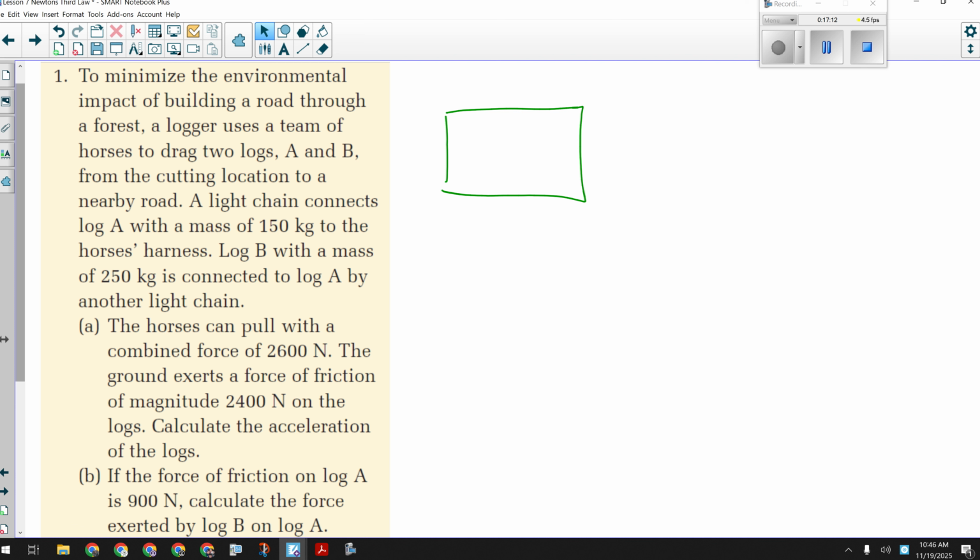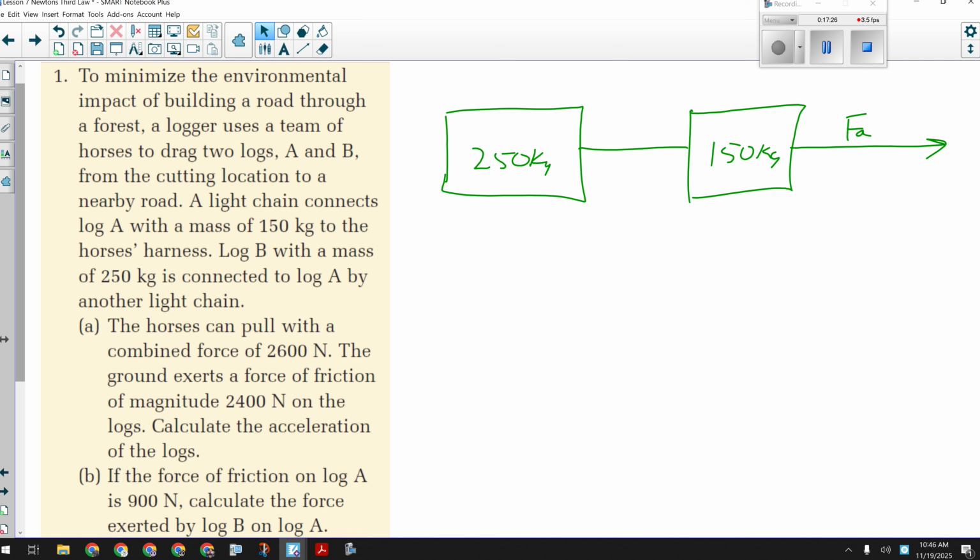We have two logs, the 250 kilogram log and the 150 kilogram log. And then we have obviously the force applied from the horses acting on the back. First thing it tells us is that the horses can pull with 2,600 newtons.